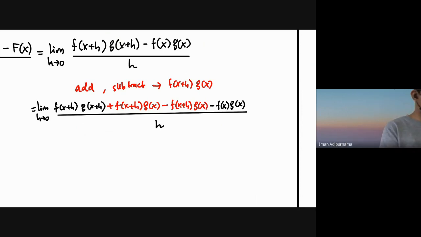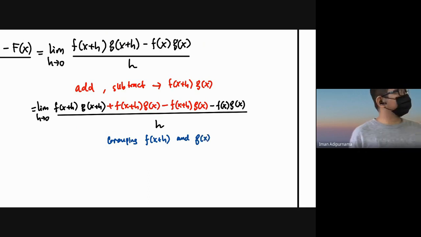So we group the f of x plus h and g of x. If you see the f of x plus h, we can factor out, and you will see that it has f of x plus h minus f of x, and it has g of x plus h minus g of x, and we may have our final result with some derivative inside these expressions.